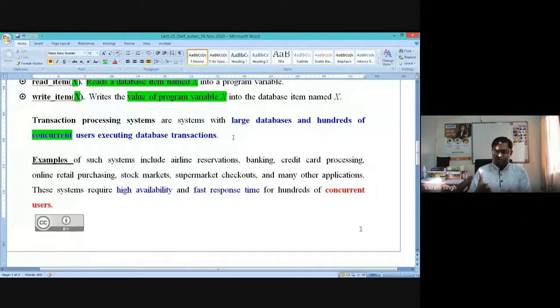Each and every user who is trying to access a data item will have this isolation feeling that there is only one user, that is me, who is accessing the database value. These things come from a component placed in the DBMS which takes care of all these properties, right?